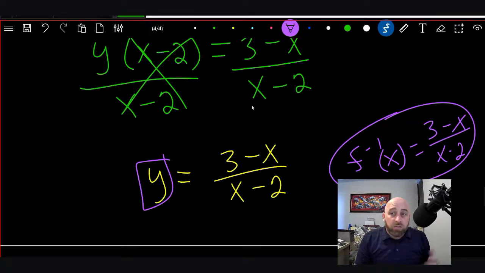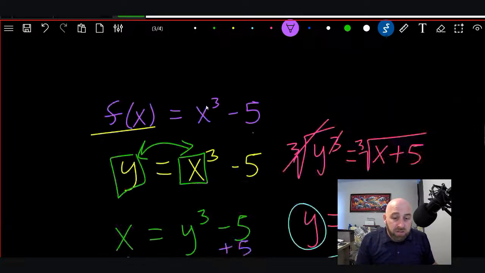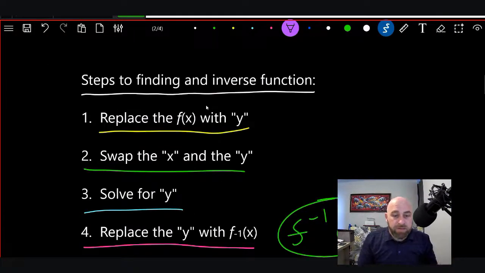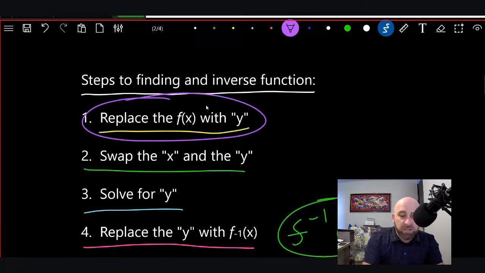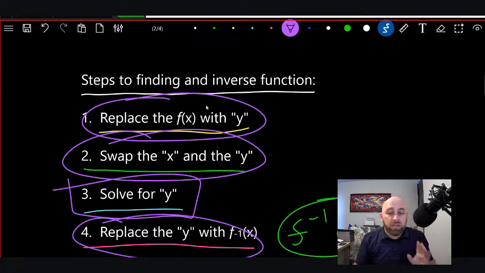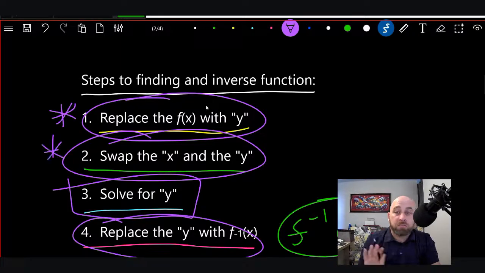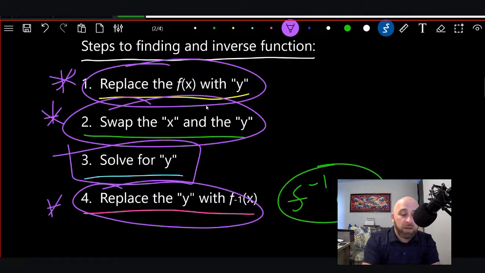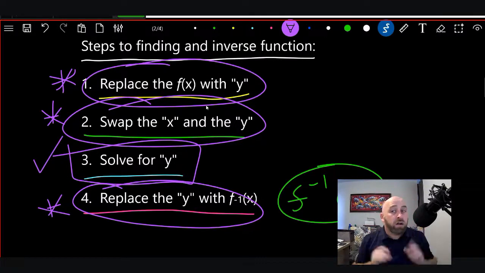The only new concept right here that I'm teaching you is this right here. Going back to this, we're replacing, we're swapping. The solve for y is the same. That's just algebra, and then at the end where we replace it. The only things that I really taught you today are just swapping out things. Those were the new concepts. Number 3, you should already know how to do.